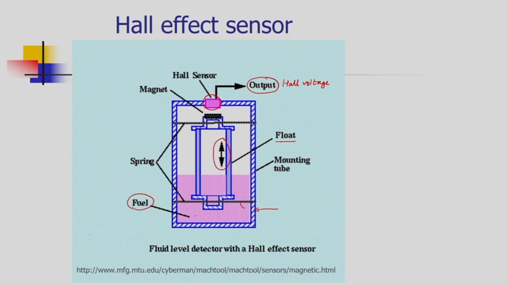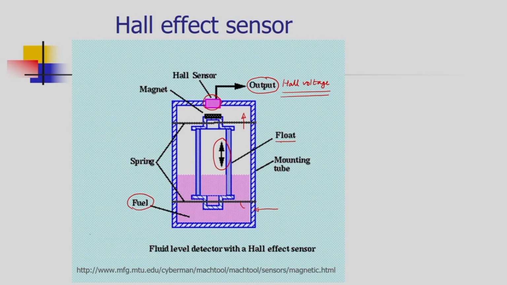If the fuel level is increasing, naturally the float will move in an upward direction. As the float moves upward, the magnet will come near to the Hall sensor and then the Hall sensor will generate Hall voltage. As we get a pulse of Hall voltage, we can say that sufficient fuel has been stored inside the container.